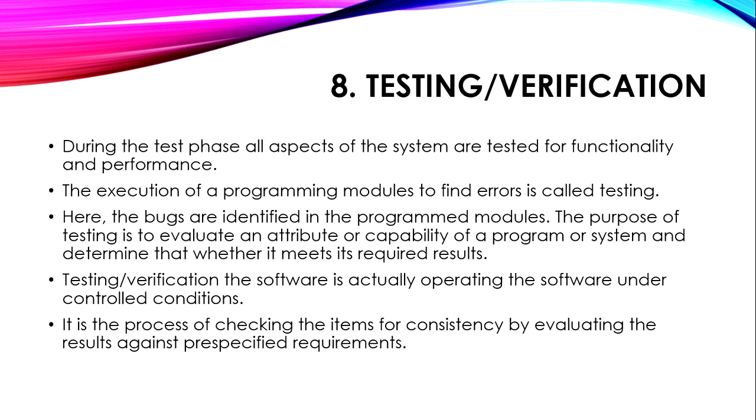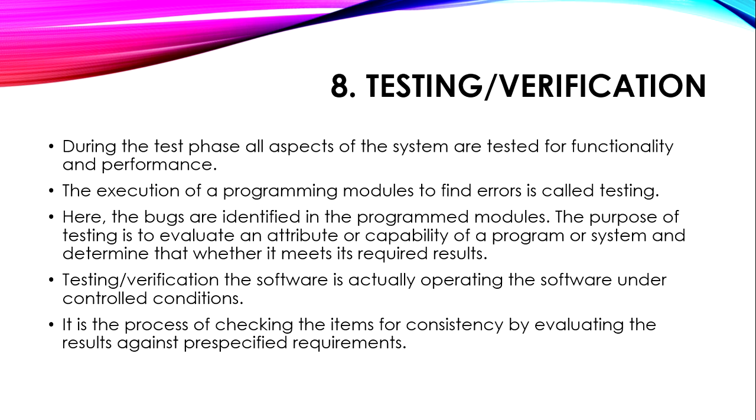Now we will move to the testing and verification phase. In the testing and verification phase, we test all the system's functionality and performance. The execution of programming modules to find errors is called testing. The bugs are identified in the program modules. The process of removing bugs from the program is called debugging.